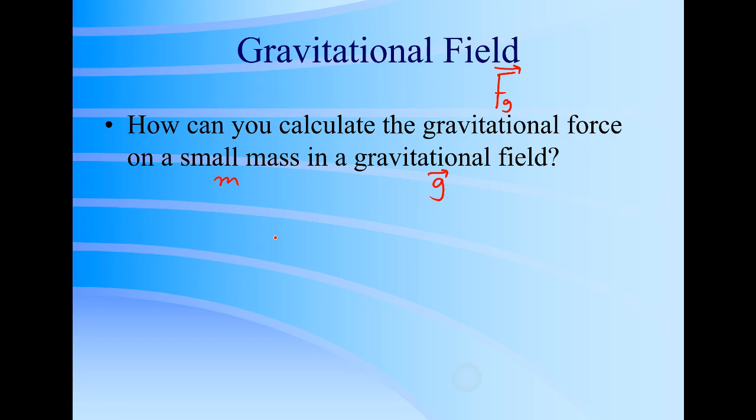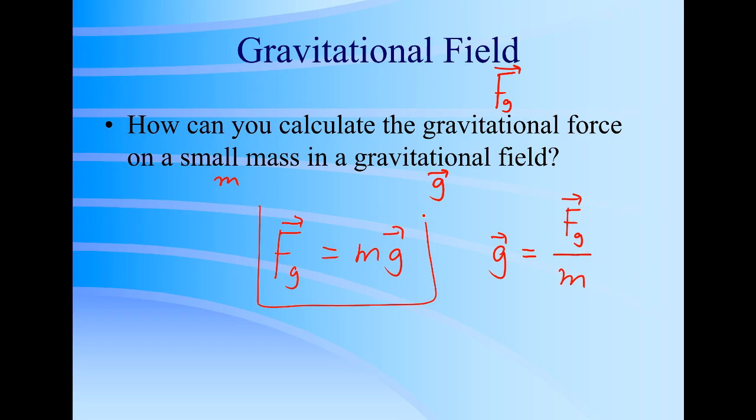And we can calculate the force by noting that F equals mg. Okay? And this is important because the gravitational field g could be defined as the gravitational force per unit mass. So these are both very important statements of the same thing.